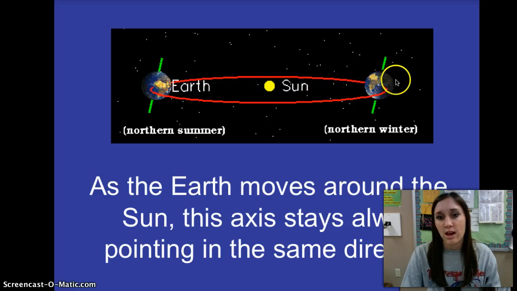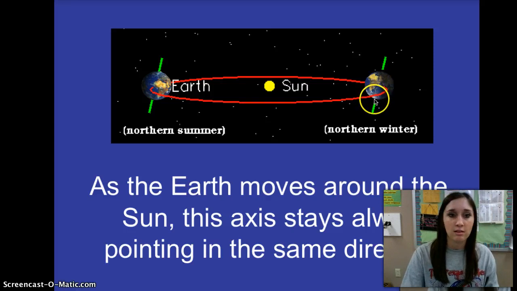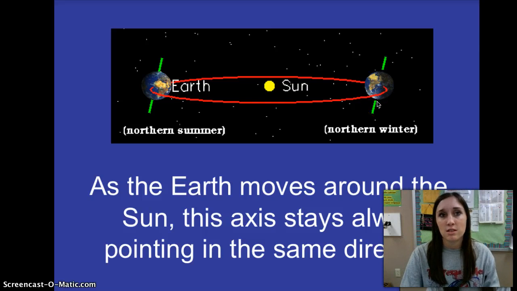And on this side, the northern part is away from the sun, and the southern part is getting more of the sunlight. That's how we get different seasons: summer, winter, fall, spring. It's because of the way the Earth is tilted and moving around the sun.